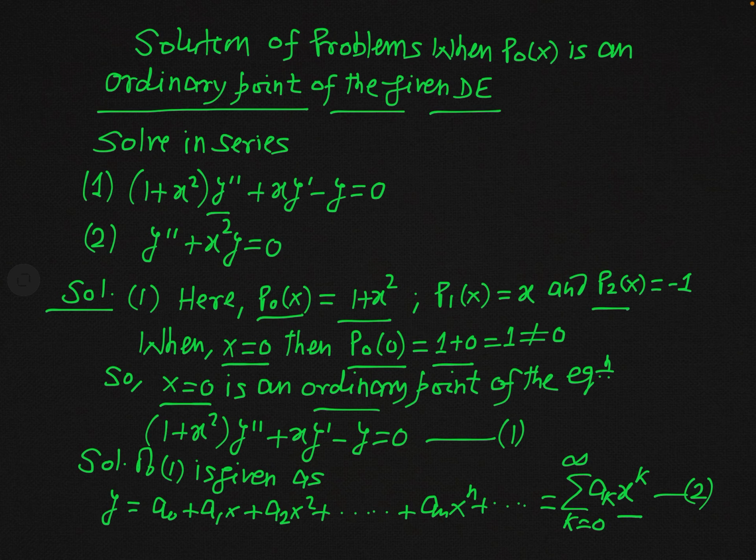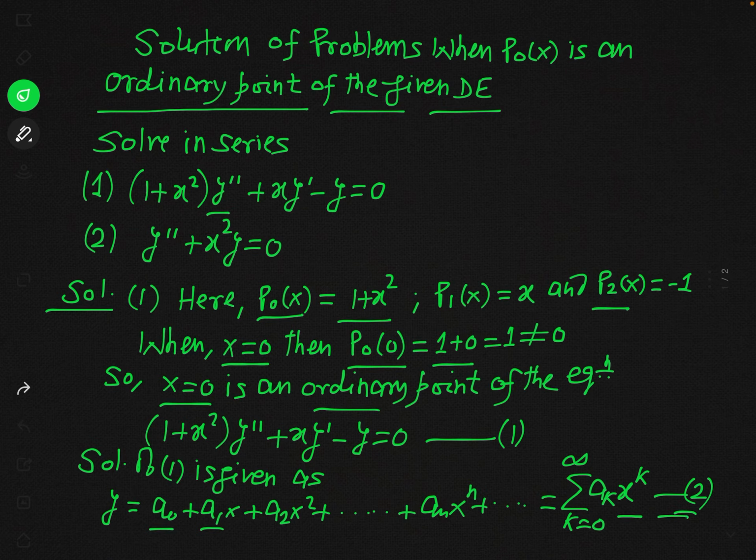Here a naught and a1 are the arbitrary constants in terms of which we will find the other coefficients and then we will get the actual solution of this equation. For this, first of all we will differentiate equation 2 and get the values of y prime and y double prime, and then we will substitute those values in equation 1, and after simplification we will get the values of the coefficients like a2, a3, a4 and so on.